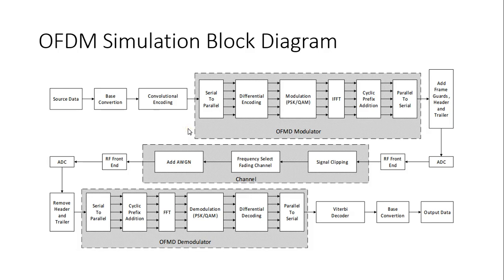Before the rest of the transmitter, the modulated frames of time signal are cascaded together, with frame guards inserted in between, as well as an identical header and trailer added to the beginning and the end of the data stream. The communication channel is modeled by Rayleigh fading, Gaussian white noise, and an amplitude clipping effect.